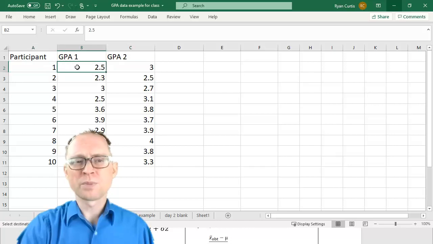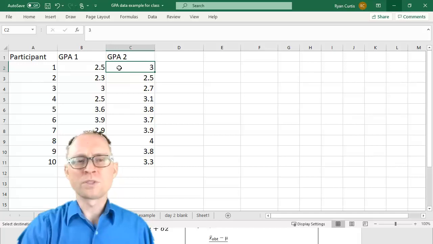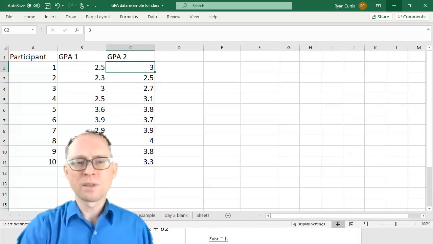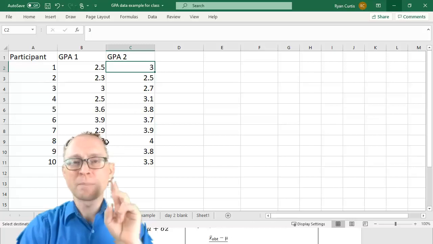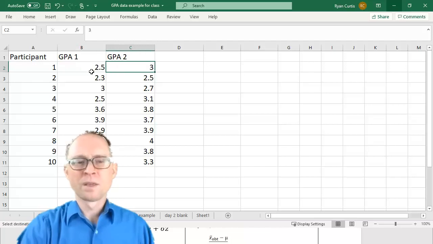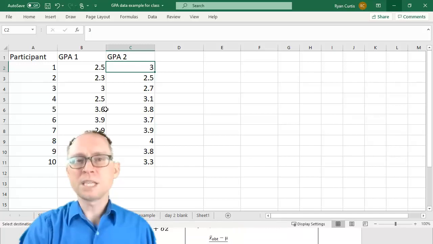Participant 1's GPA before Mozart studying, participant 1's GPA after Mozart studying. So each one of these people has 2 scores. It's a paired sample. These are the pairs, right? This is paired with that, the pairs. So what I want you to do is I want you to calculate T based off of these data.